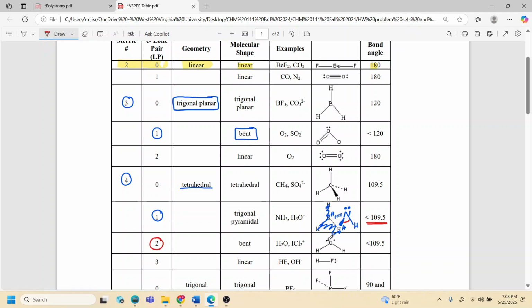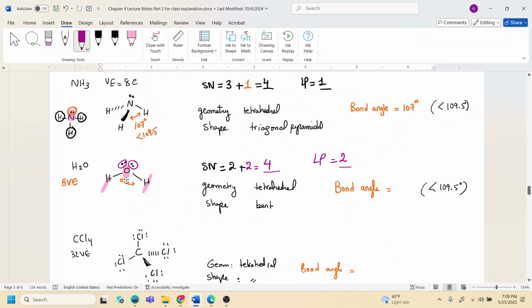So the more lone pairs are around the central atom, the lower the bond angle. So this is why I showed it as a bent structure, and the bond angle here is, actually, 105 degrees. It's less than 107.